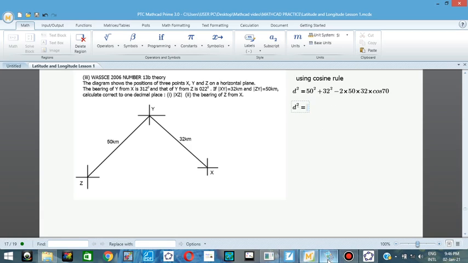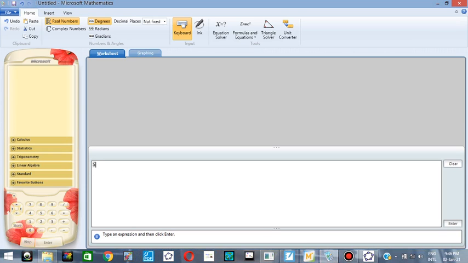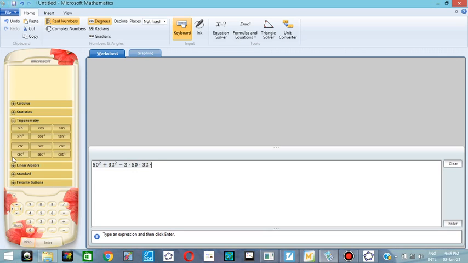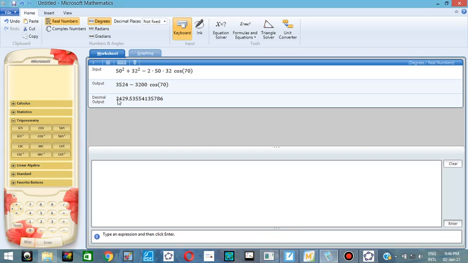I'm going to get this: 50 square plus 32 square minus 2 times 50 times 32 times cosine 70 degrees. So the answer is 2429.5, let me take it to 2 decimal places, 54.